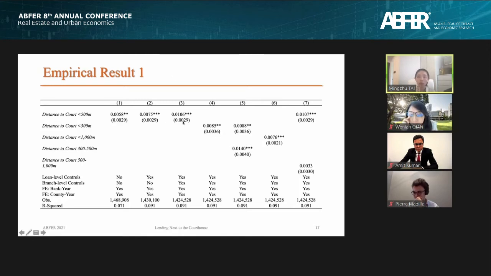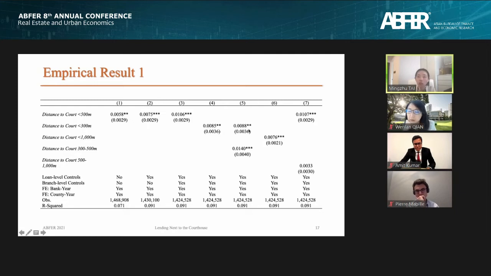And given that overall in the mortgage application procedure, the rejection rate is very low, only around 13% in our sample, such a 1 percentage point increase in the rejection rate is actually a substantial difference. We also show that if we further narrow down the range, say by drawing a 300-meter circle, our results remain robust.